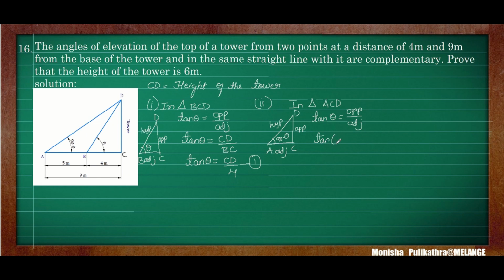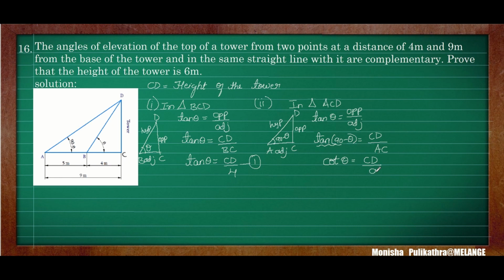So instead of theta we need to write 90 minus theta, tan of 90 minus theta is equal to the opposite side CD by the adjacent side AC. Okay, so the adjacent side is AC. Next, tan 90 minus theta. According to complementary angles, if 90 and tan comes, it will change into cot. So the complementary of tan theta is cot theta. So cot theta is equal to CD by the value of AC.